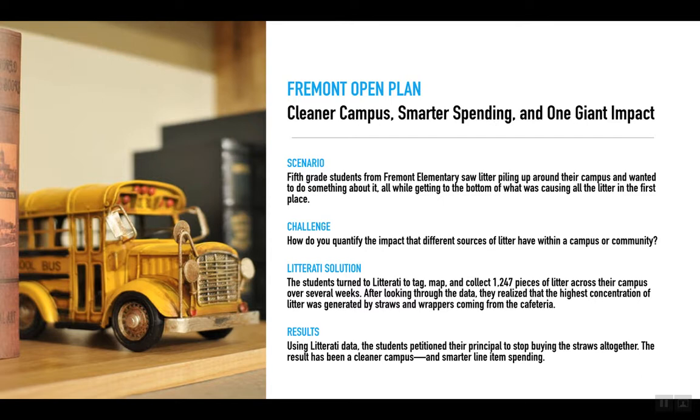And when they went through the data, they realized that the most common item was the straw wrappers coming from their cafeteria. So they got together, they petitioned and spoke to the principal and said, hey, can we stop buying straws? And so they stopped buying straws, and it stopped being a littered item.